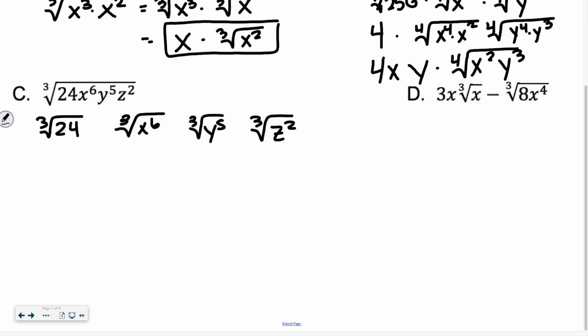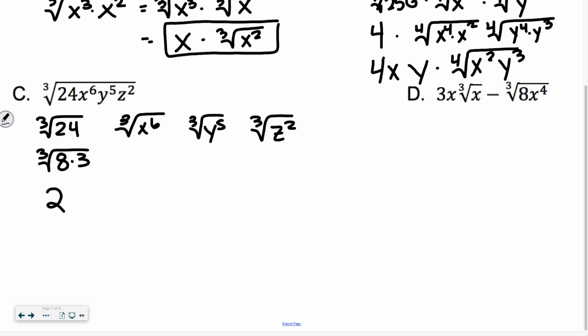Okay, is 24 on your list of perfect cubes? No. Can it be simplified? Are there any factors of 24 that are on your list of perfect cubes? 8. Okay, so this is the cube root of 8 times 3. The cube root of 8 is a nice number of 2.